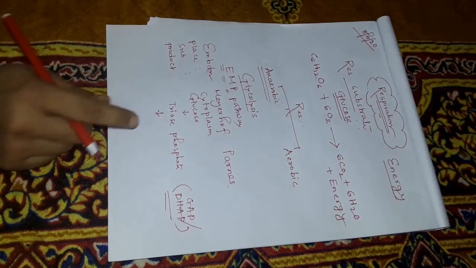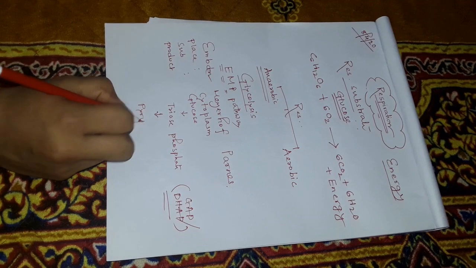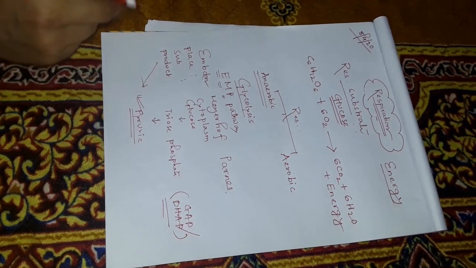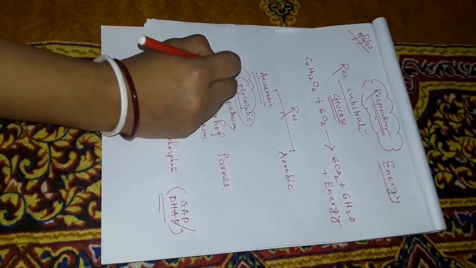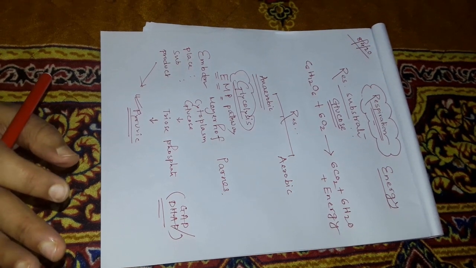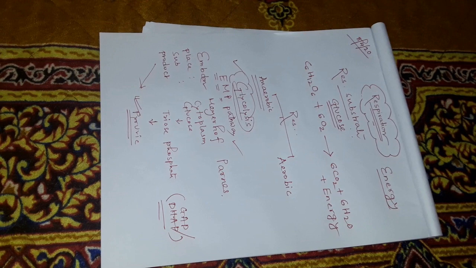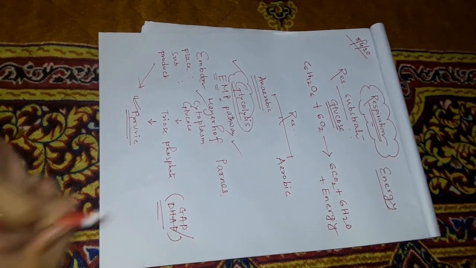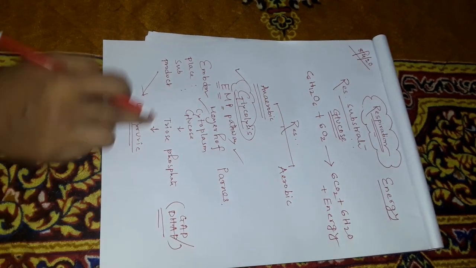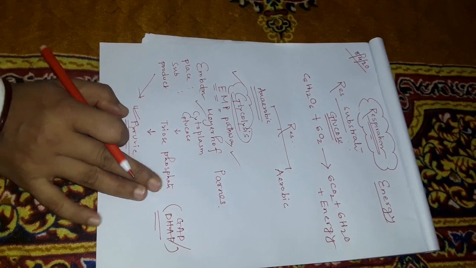Ultimately it will form pyruvic acid, the ultimate product of glycolysis happening in the cytoplasm. What we need to remember here: glycolysis, EMP pathway, cytoplasm, and pyruvic acid. This part we don't need right now, but if you want to know, I can discuss it in my next class.